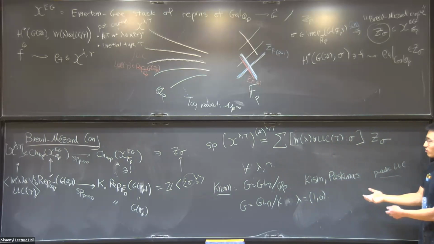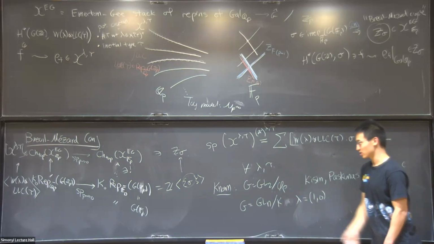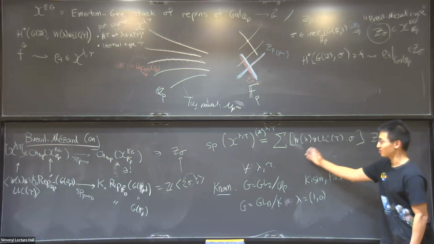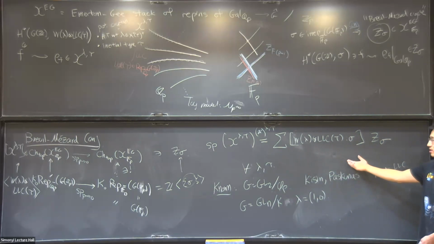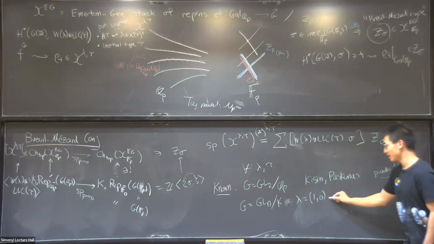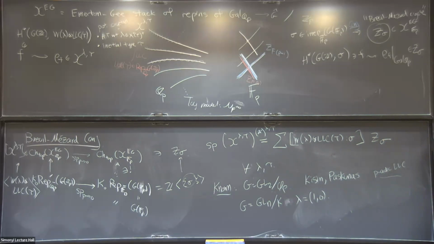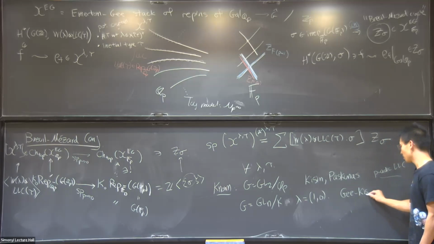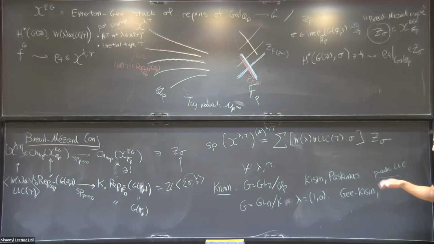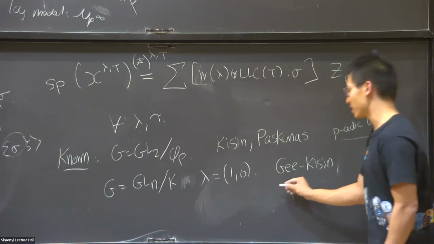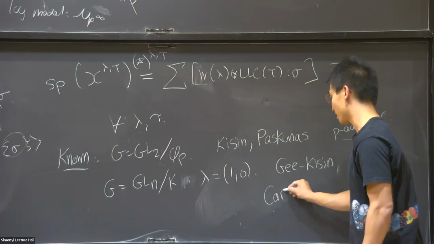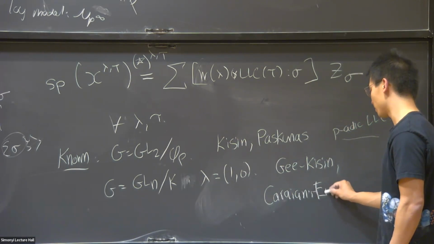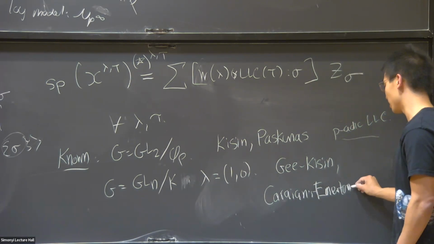That's still meaningful because there are still infinitely many constraints, and they're sufficiently independent that it still pins down the map uniquely, and the problem is still non-trivial. So this had been done by Gee-Kisin, at least at the deformation ring level, and then at the stack level that I formulated, by Caraiani, Emerton, Gee, and Savitt.